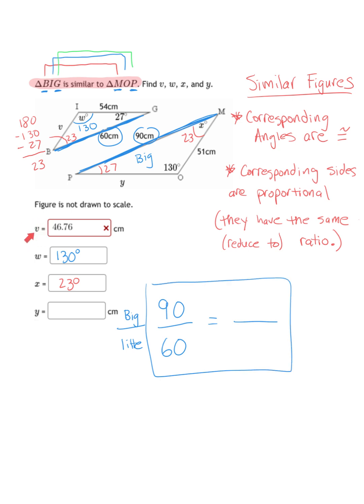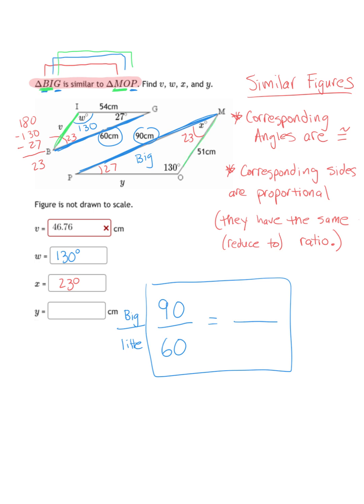Let's start with V. V is right here. All right, I'm going to use green now. V is between the B and the I. So the B and the I are the first two. So they correspond over here with the first two, M and O. So over here on the big triangle, M to O is right here.